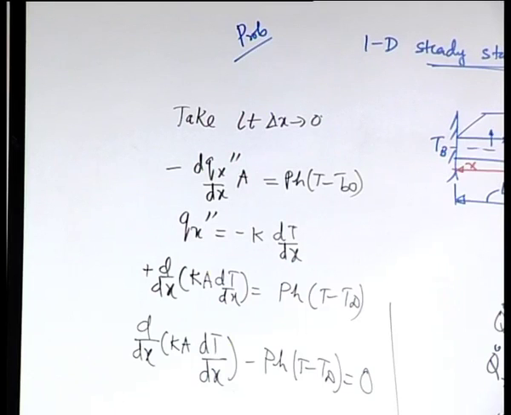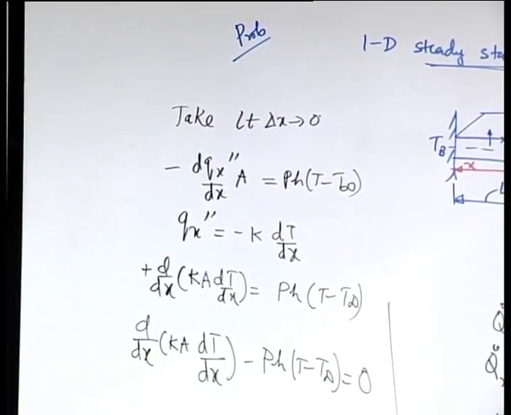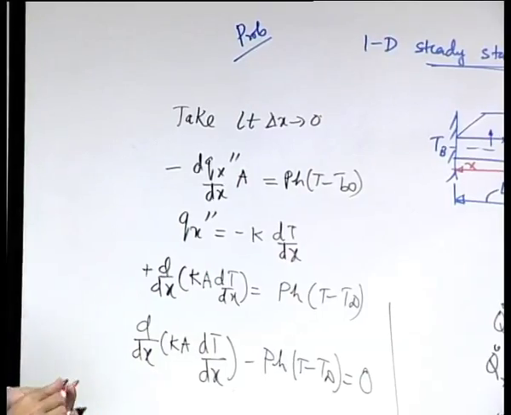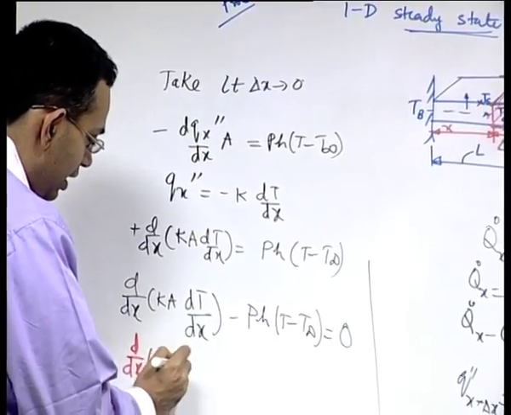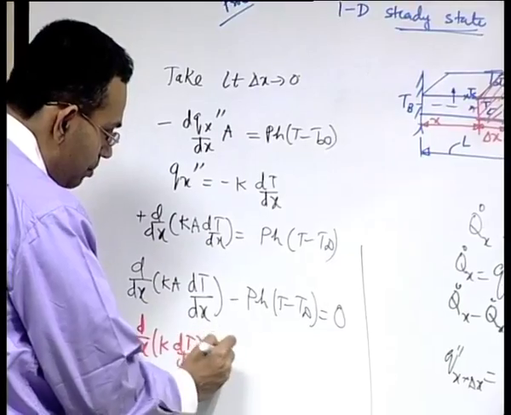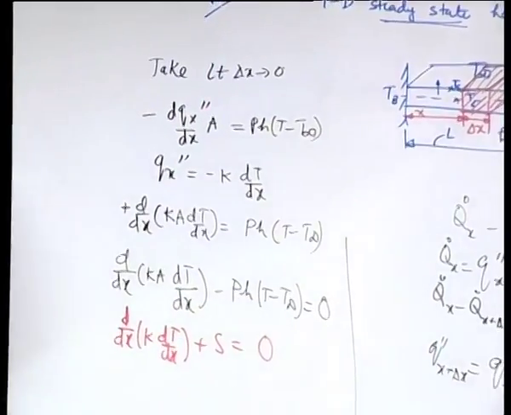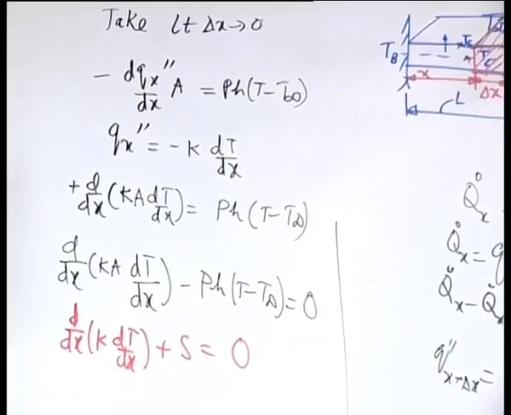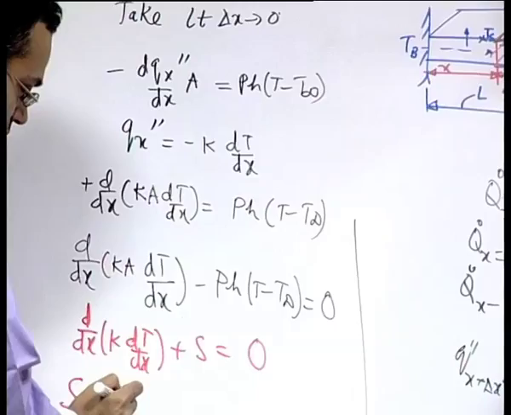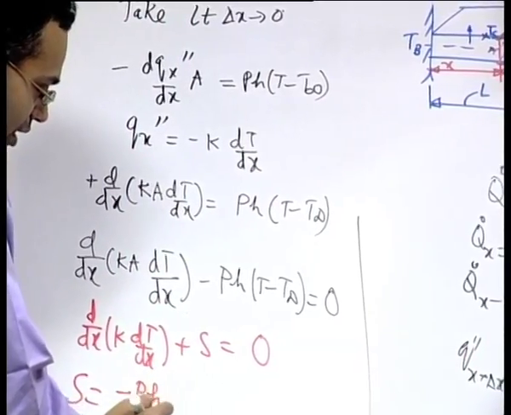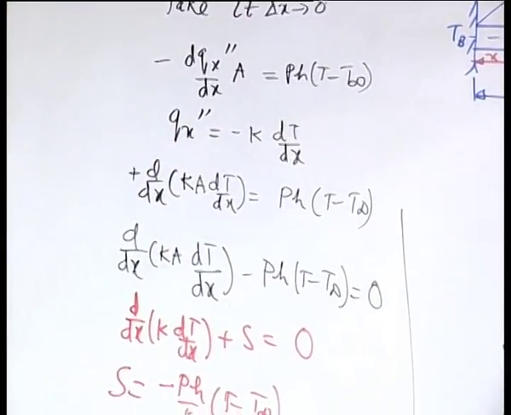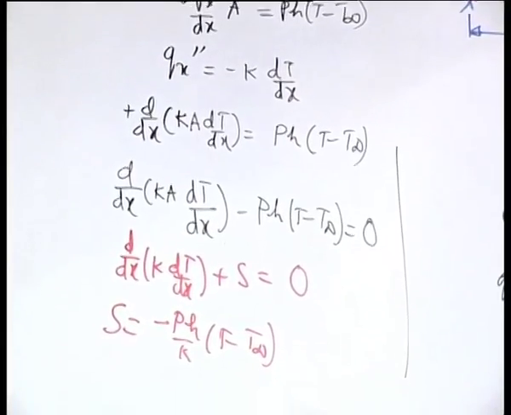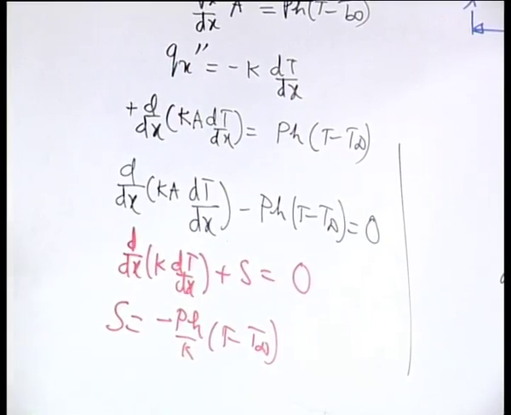So how do you discretize this using the finite volume method? Remember that this is of the form d dx of k dT dx plus S equal to 0. So what is S? Minus P h by k into T minus T infinity. Minus P h by A, right.